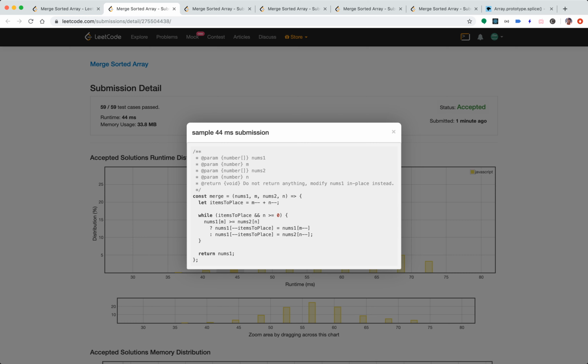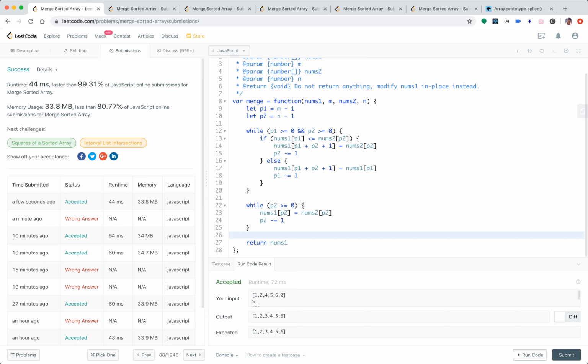There's still m, and there's still items to be placed, and if nums1, oh, here's some undefined, right?